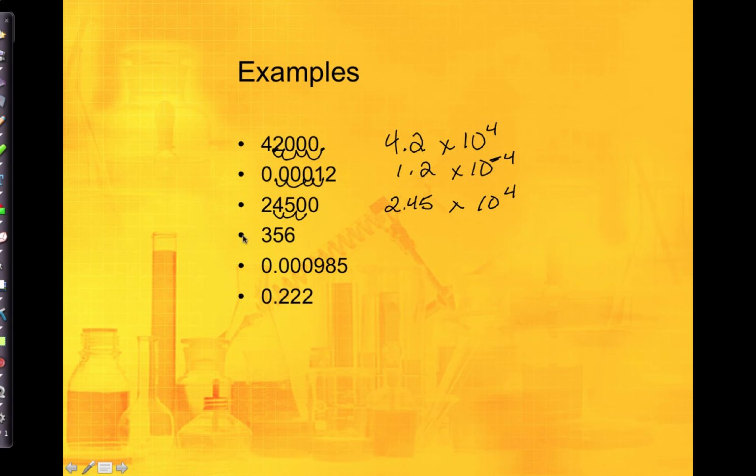Even though this number doesn't really warrant putting it into scientific notation, you still need to be able to do it. So now we're going to take the decimal, move it again, so 1, 2, until there's just one number to the left of it, or in front of the decimal.